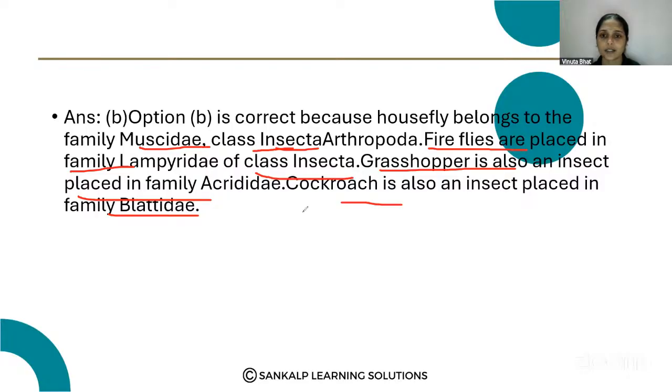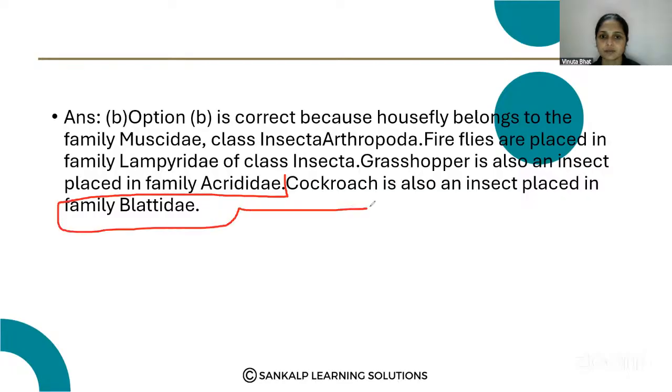Here cockroach is Blattidae, and grasshopper is Acrididae, and fireflies belong to the Lampyridae. So this is the Lampyridae.